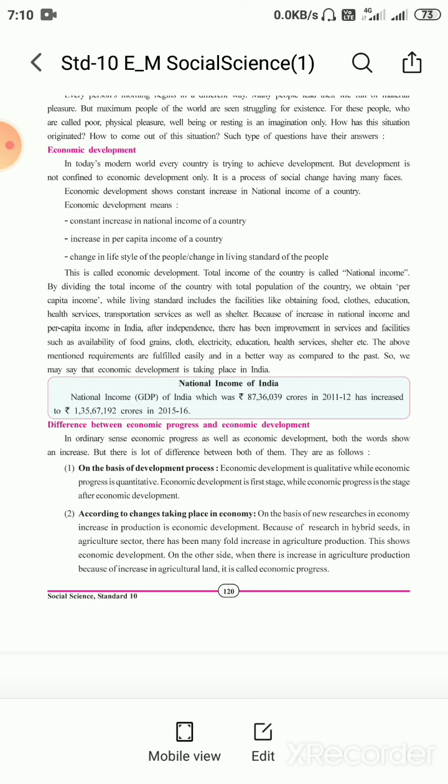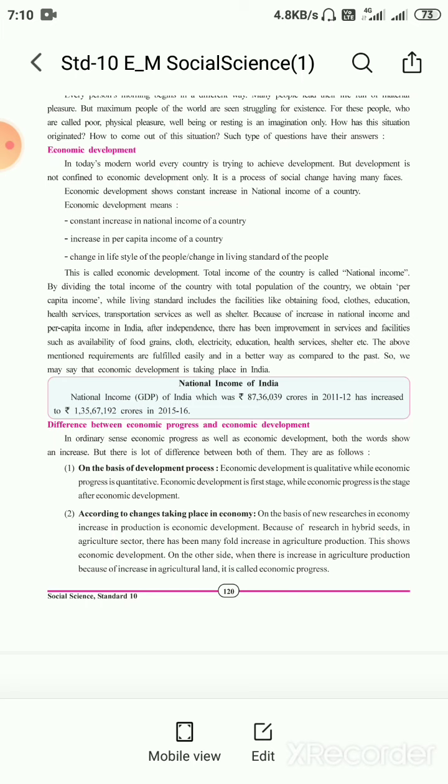We can consider this on three bases. First, on the basis of the development process. Economic development is qualitative, depends on the quality, whereas economic progress is quantitative, we can count it. Economic development is the first stage, primary stage, whereas economic progress is the stage after economic development.